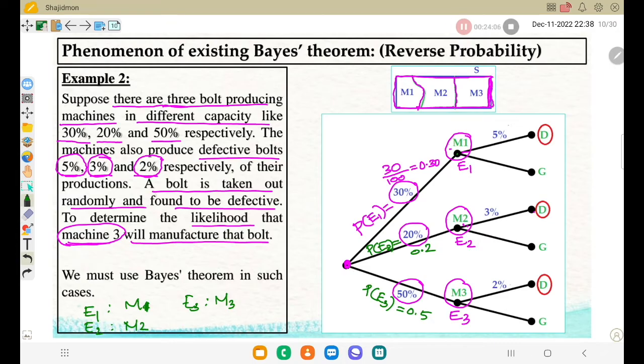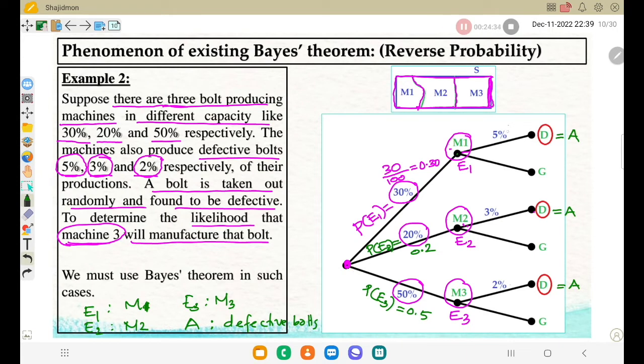The type of bolt we are checking is defective: one bolt we take randomly will be defective. So we define the sub event A as a defective bolt. The letter D is used here for defective, and we represent that event by capital A.